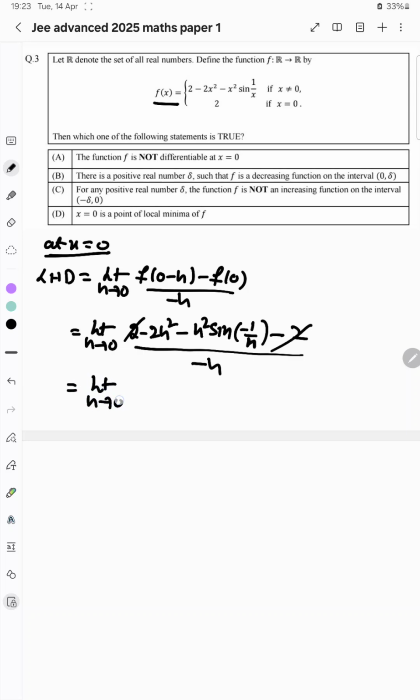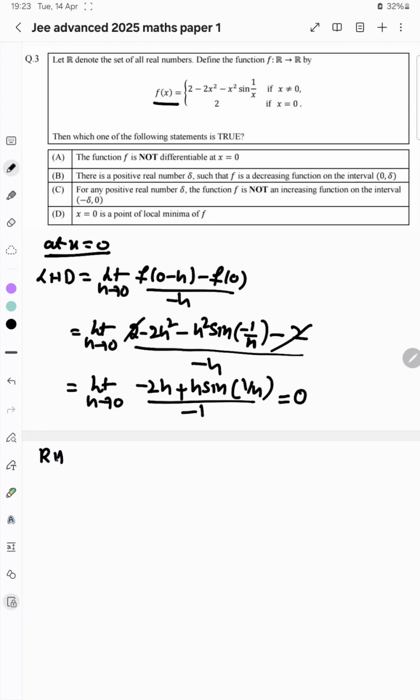Then we will get limit h tends to 0 of the balance terms, -2h - h sin(-1/h), and the minus outside gives plus, so sin(1/h) by h, the denominator h cancelled, so minus 1 is there. Now if we substitute h as 0, the term goes to 0, and 0 into sine infinity we will get. We know that sine infinity value oscillates from -1 to 1 only, but we cannot decide the exact value, but it is a finite value. Any finite value into 0 means 0 only, so the entire value will become 0.